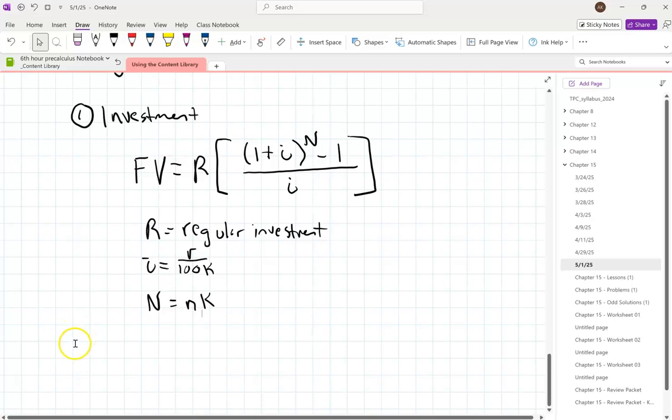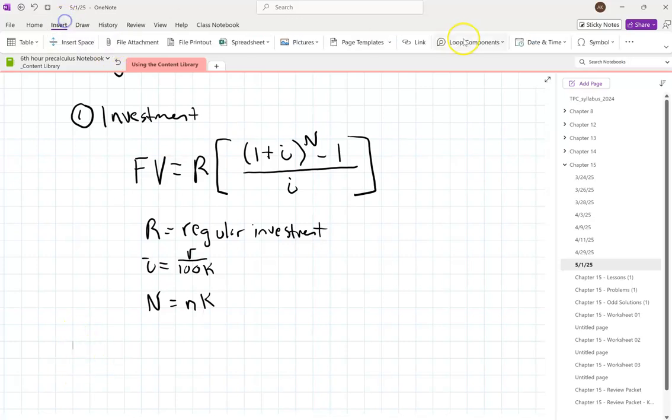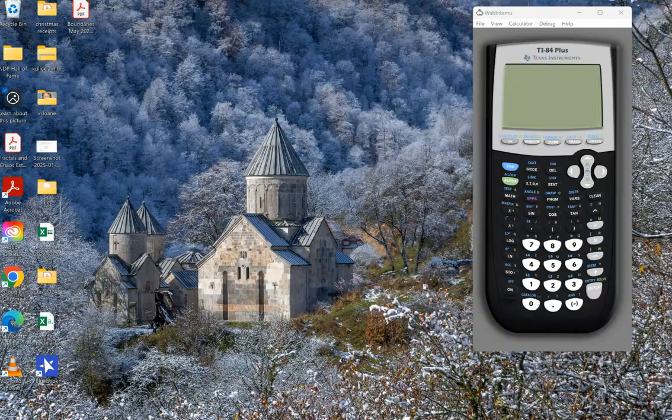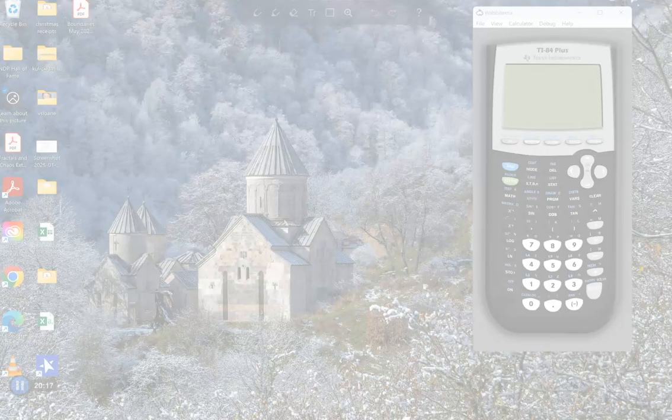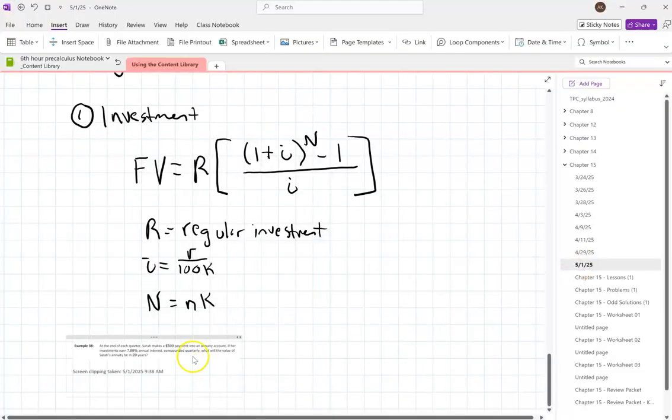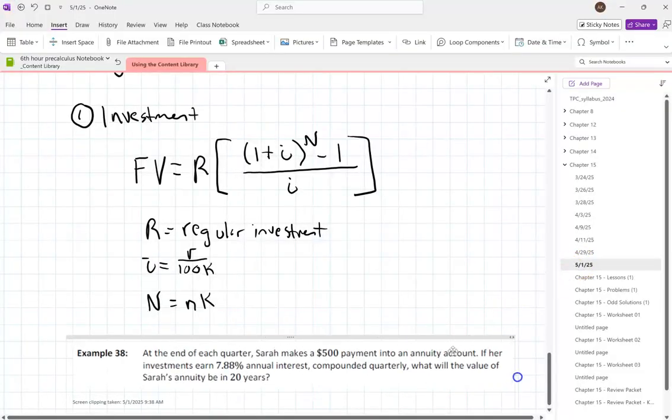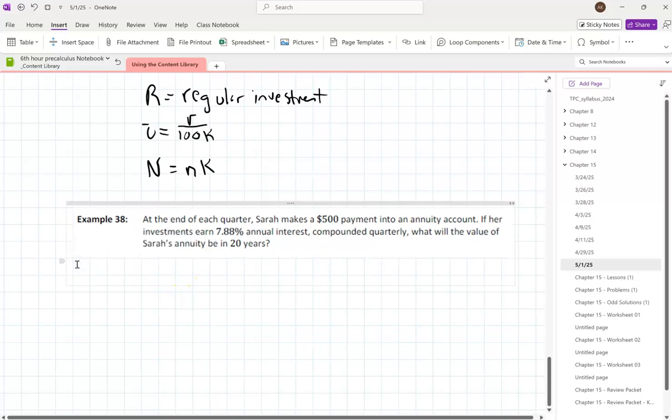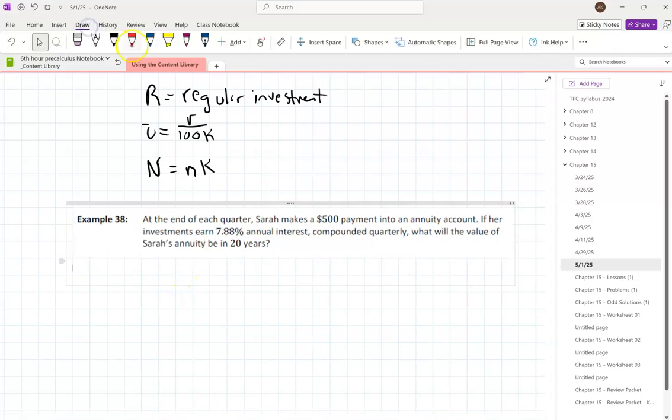So let's look at an example here. So here it says, at the end of each quarter, Sarah makes a $500 payment into an annuity account. If her investment earns 7.88% annual interest compounded quarterly, what will the value of Sarah's annuity be in 20 years?